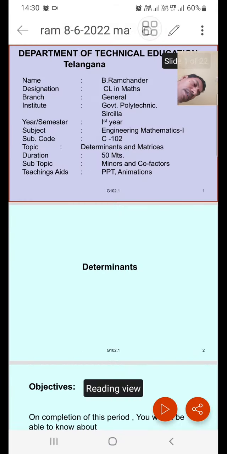And the minor, you know how to find: where the element's row and column intersect, by deleting that row and column, the determinant of the remaining elements is called the minor of that element. We have already seen this in the presentation. We will recall once again what we have learned so that it stays in our memory.